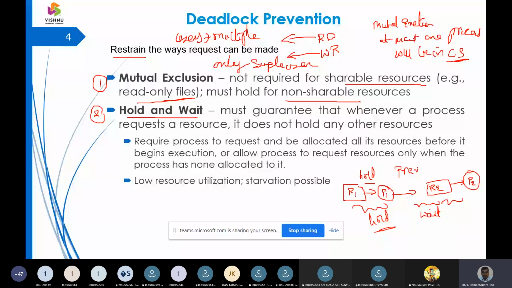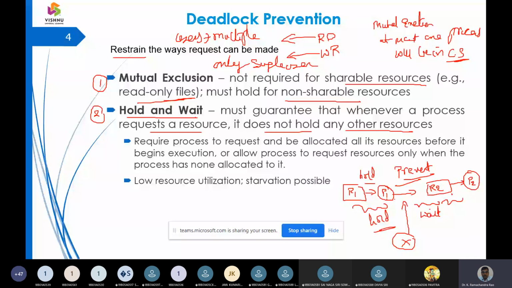Very simple. We must guarantee that whenever a process requests a resource, it does not hold any other resource. That means you have to break this chain. That means if P1 is going to ask for R2, then P1 has to release R1. Very simple.